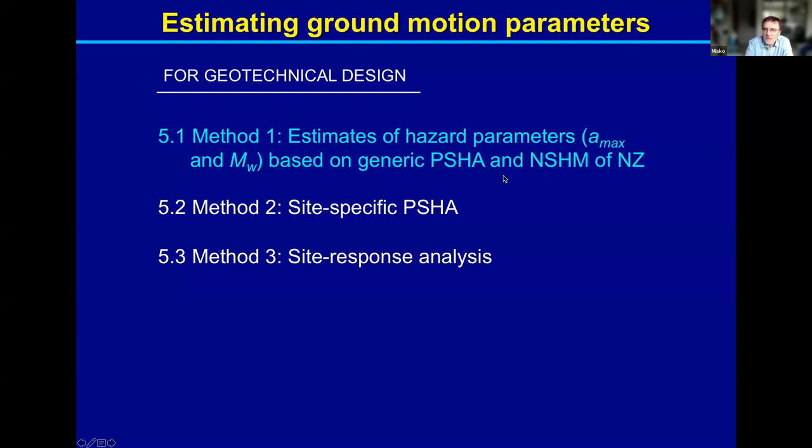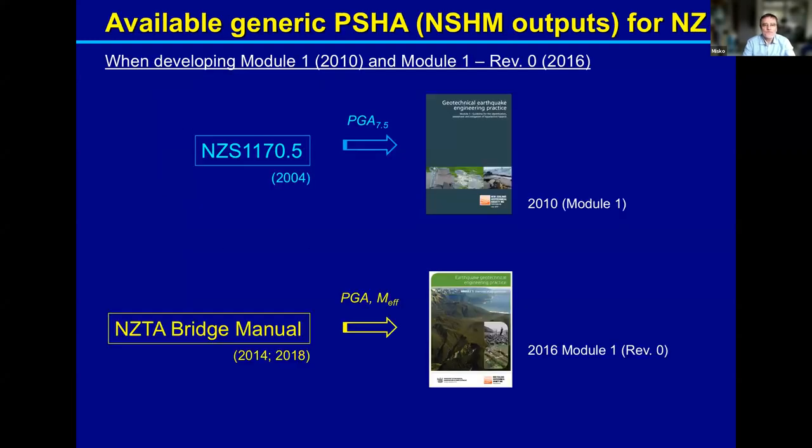This is not to say that other parameters are not important, such as spectral accelerations for the structure that we consider. They're certainly important, but it is not for us to define those. So the focus is exclusively on PGA and associated magnitude, and method 1 in particular, which is using a generic output from probabilistic seismic hazard analysis from the National Seismic Hazard Model of New Zealand.